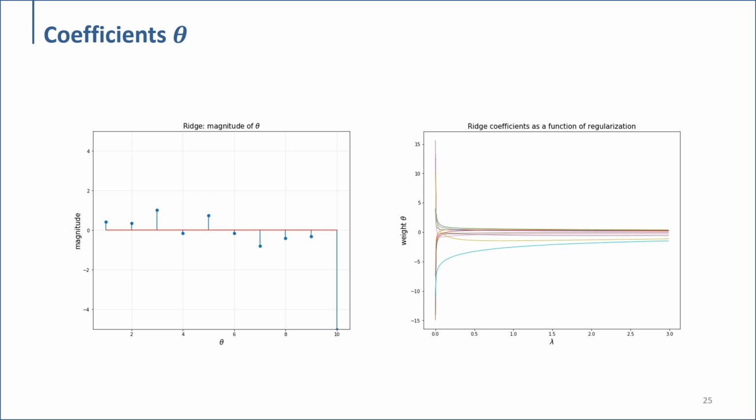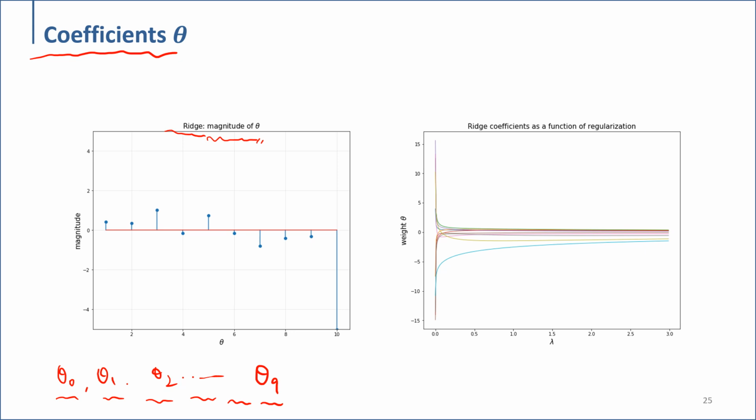Then you may have questions on how this regularization works. To see that, let's plot the coefficients of theta. In our previous example, where we introduced the additional regularization term reducing the magnitude of theta, we have a total of 10 values of theta, because we set the number of RBF functions as 10.